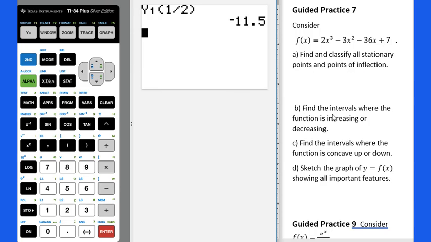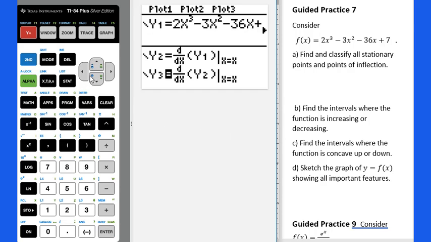For B, find the intervals where the function is increasing or decreasing. Increasing, decreasing, which means the first derivative. If it's positive, it means increasing, negative means decreasing. So I go to y equals.